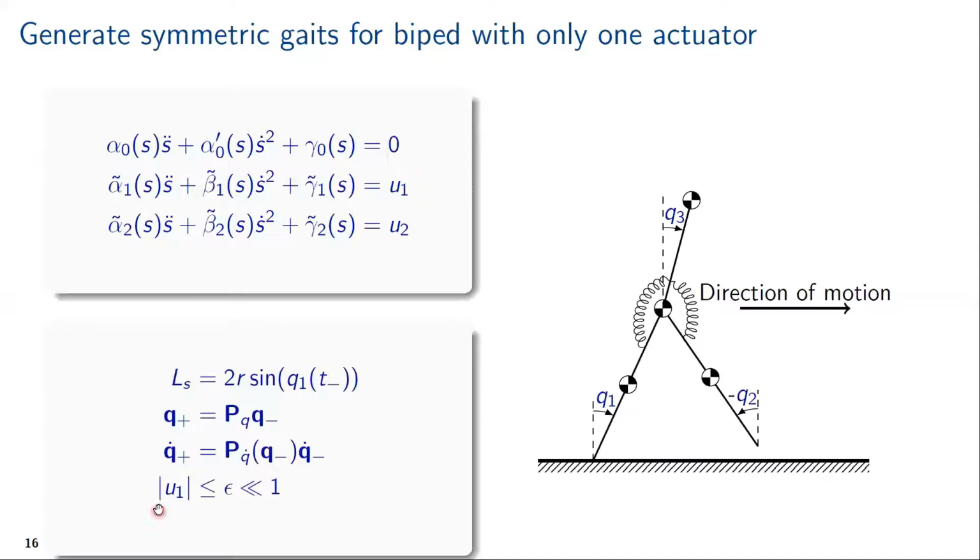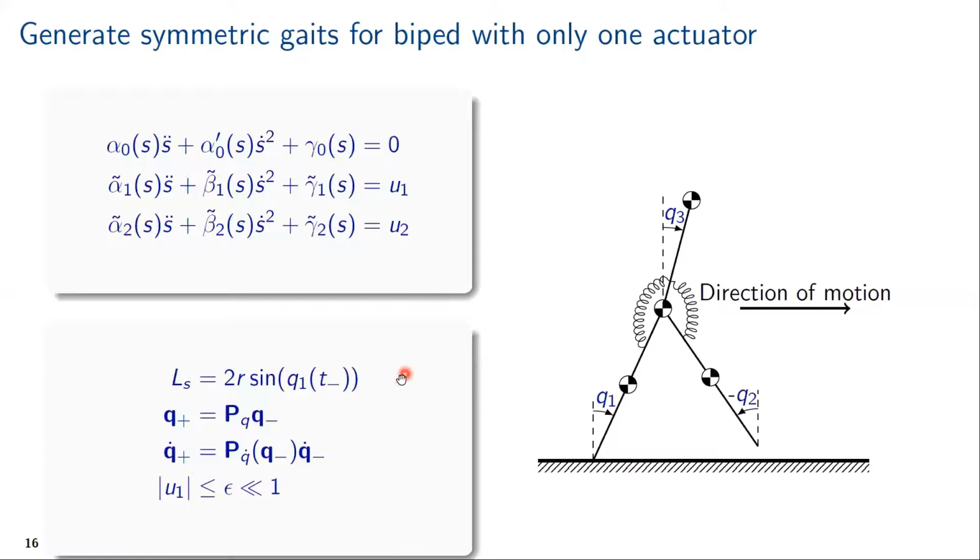So instead, we assume the absolute value of this control input, that is, we just take the absolute value of the left-hand side, should be less than some epsilon, which should be very small. If this epsilon is taken small enough, then basically this corresponds to a gait which needs one actuator in order to walk, and then we design a feedback to compensate for it.